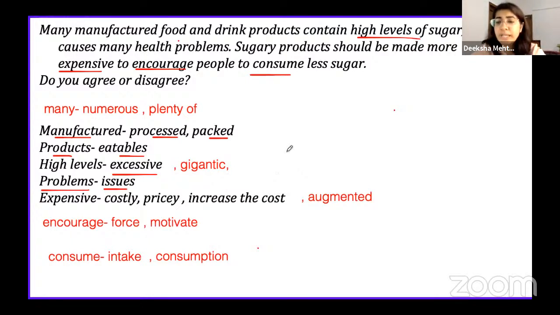All right, good, Arshdeep. So yes, the word multitudinous is really good here. However, you've written food and drink eatables. See, food and drink are eatables, right? So you'll have to remove food and drink. You can just say packaged eatables, which result in, not results.